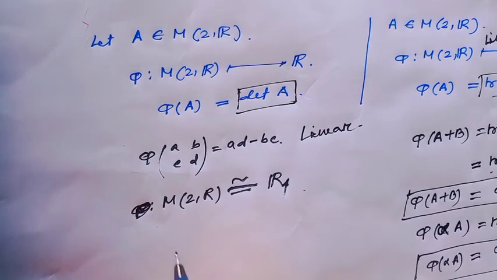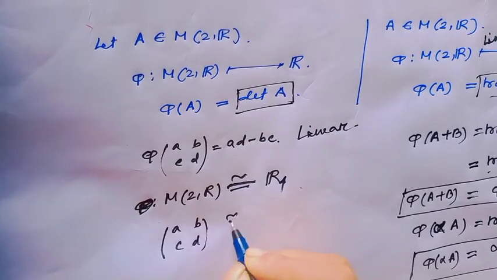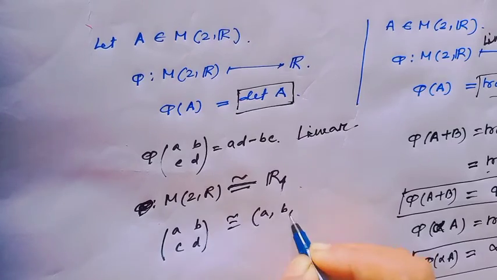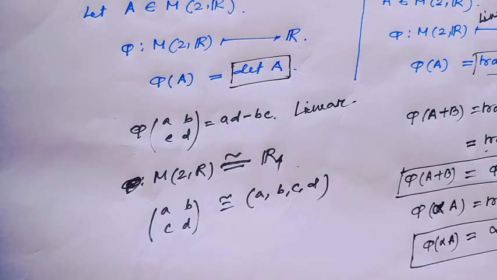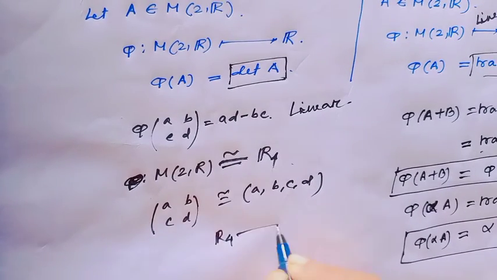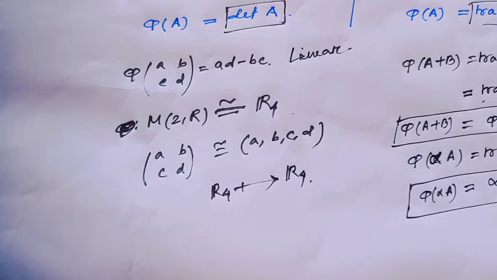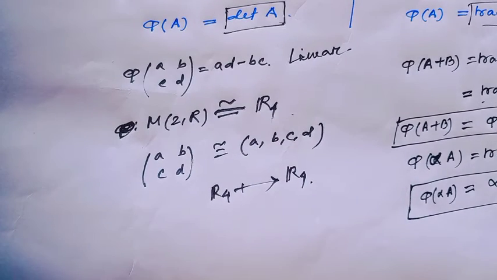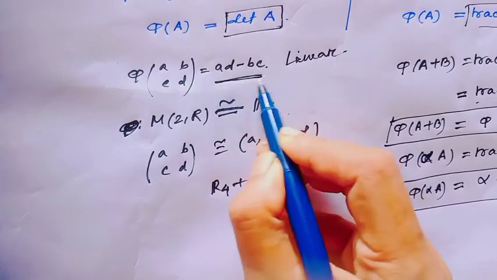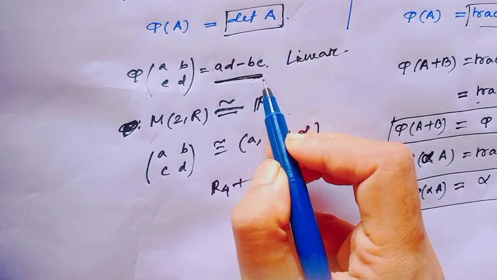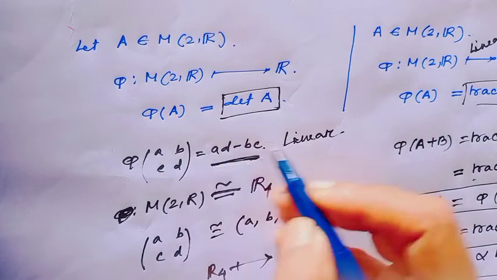Therefore A, B, C, D is similar to (A, B, C, D) in R4, and we all know a linear map from R4 to R looks like a first degree polynomial with zero constant. But notice here this is not a first degree polynomial, this is a second degree polynomial. So this mapping is not linear.